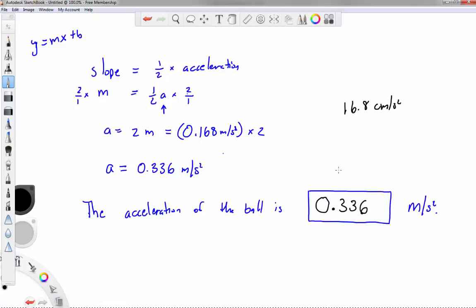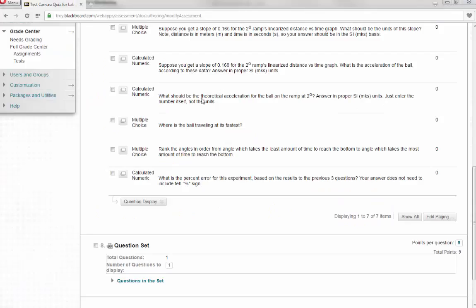For example, on this problem it's not such a big deal, but on other problems I will see stuff like the answer is 33.6 meters per second squared, and that just tells me that you didn't convert your units. So having said this, let's move on to the next question.